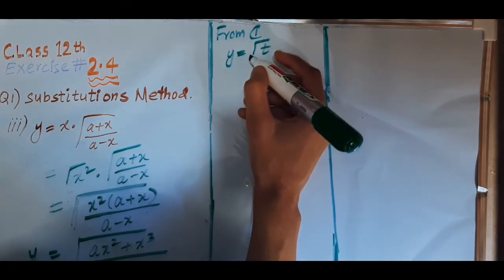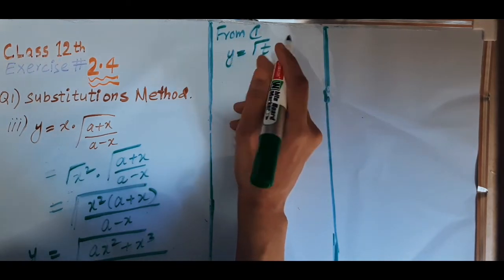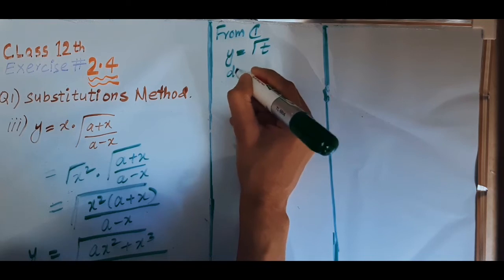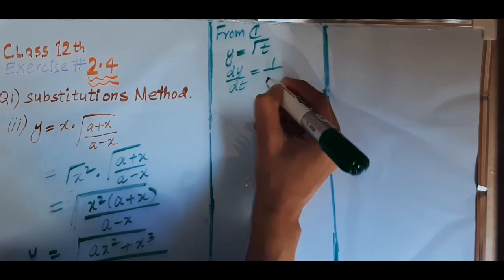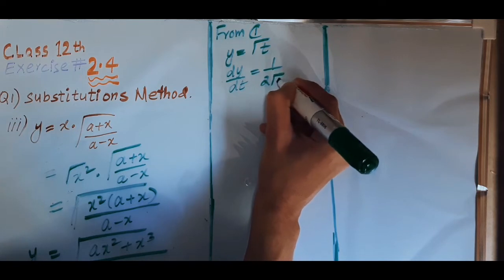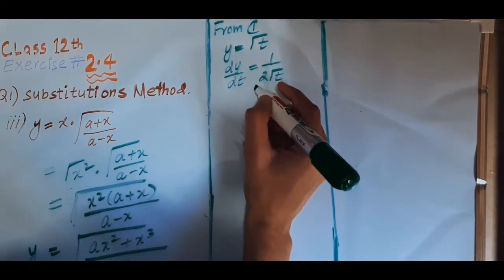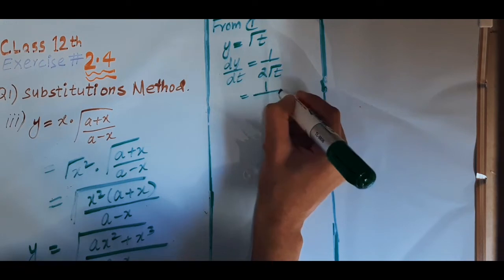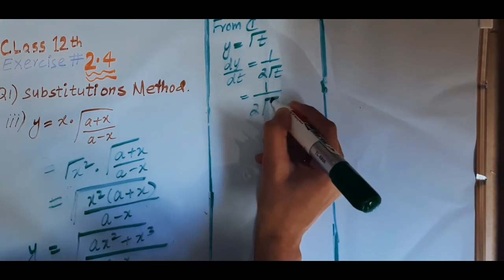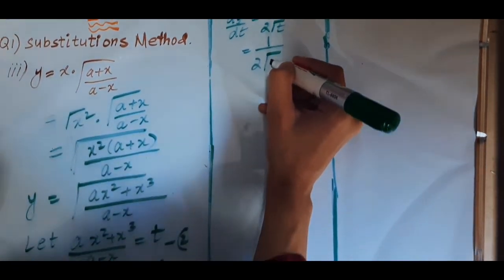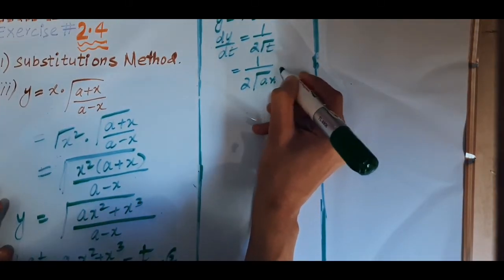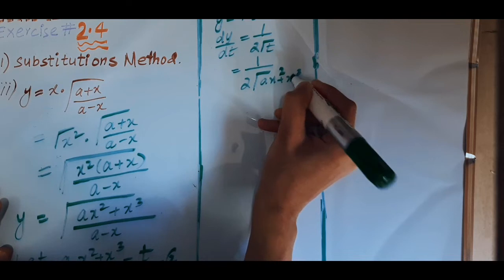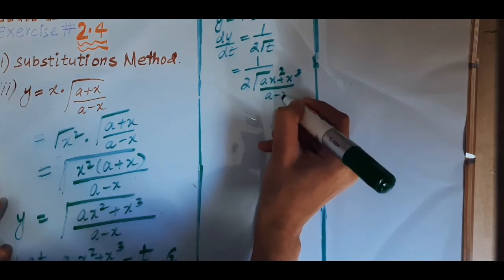Differentiating with respect to t, dy over dt is equal to 1 over 2 root t, and putting the value of t, which is ax square plus x cube divided by a minus x.